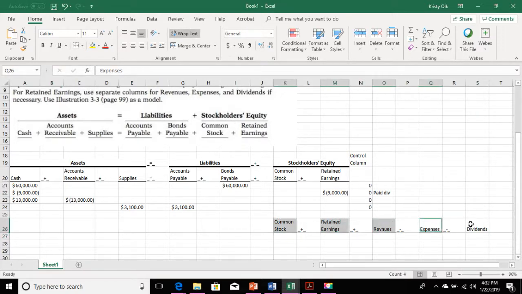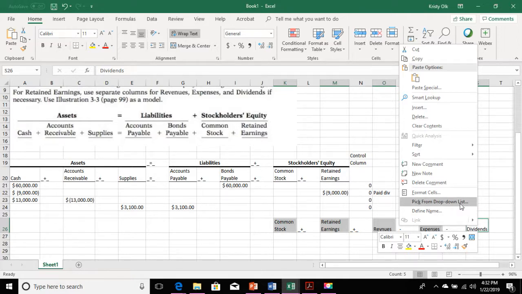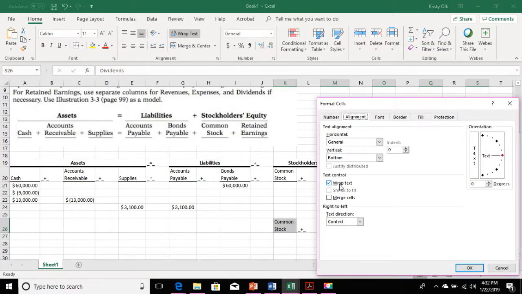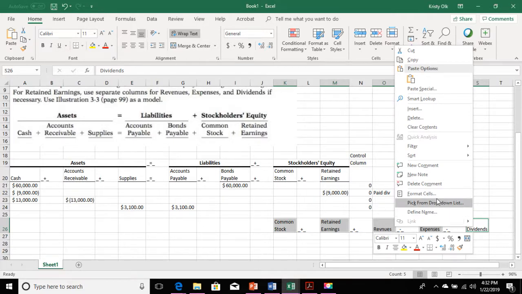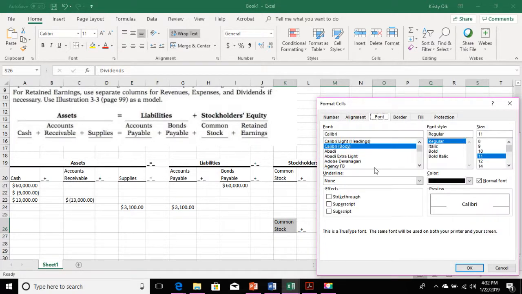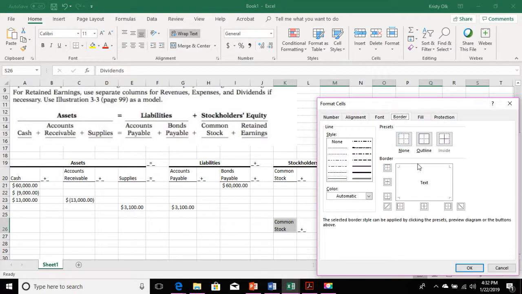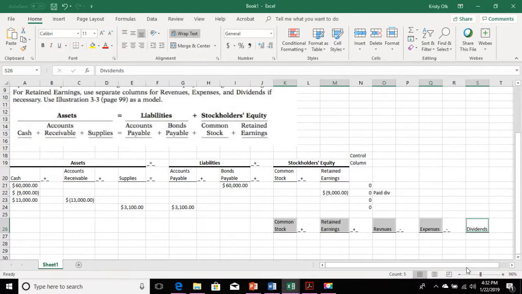So here we've just extended it out to all the components of retained earnings and all the components of stockholders' equity that you might have at play at any given point in time. This particular problem, whoops, I did not spell the word revenues right. This particular problem does not have, at this current point in time, any revenues or expenses to take into account.